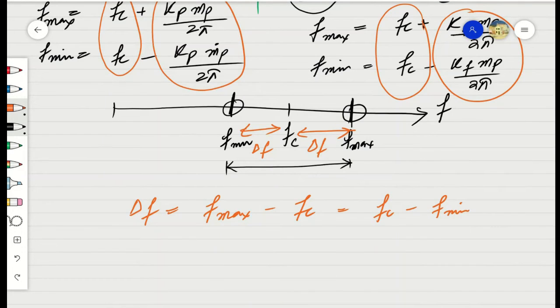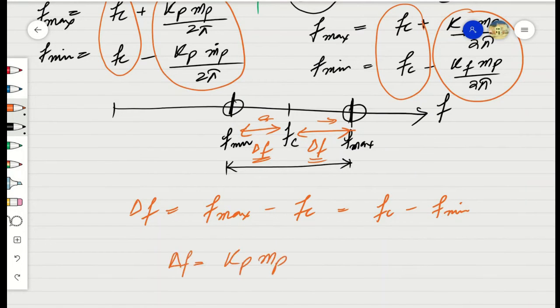That is true if the peak amplitude on the positive side is equal to the negative peak amplitude of the information signal. That is, the deviation from the carrier frequency towards the positive side and the negative side will be equal. That is, we are considering the same peak amplitude for both positive and negative amplitudes of the information signal.